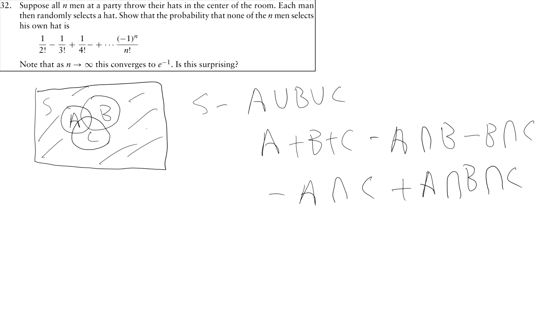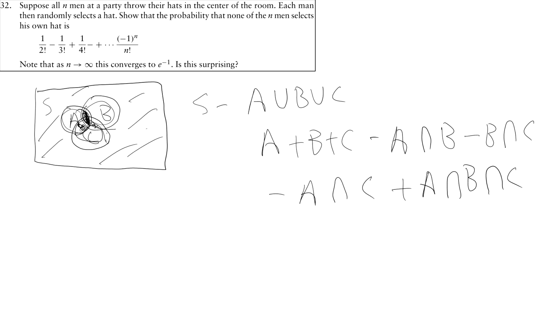Because when we are adding A, we added this portion. Now when we are adding B again, we are deleting this portion. Now when we are adding C again, we are adding this portion and this portion again.